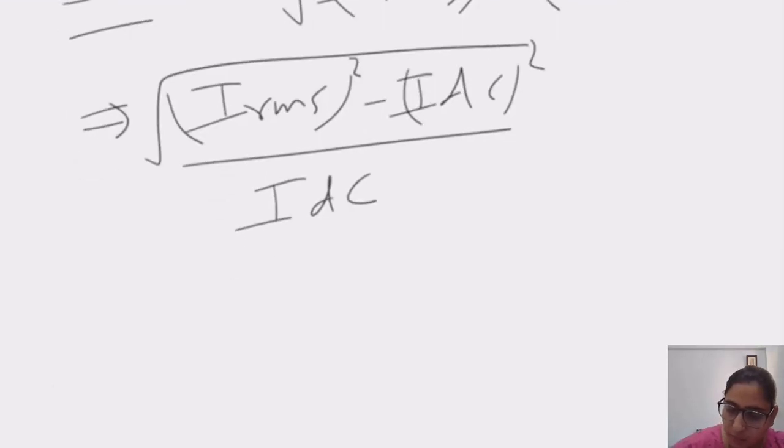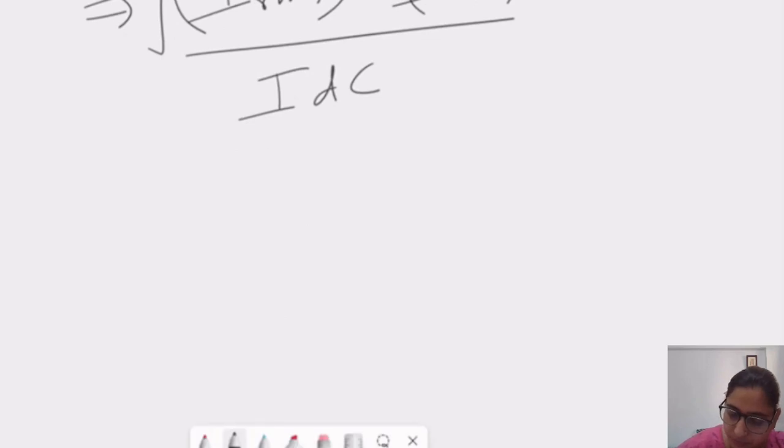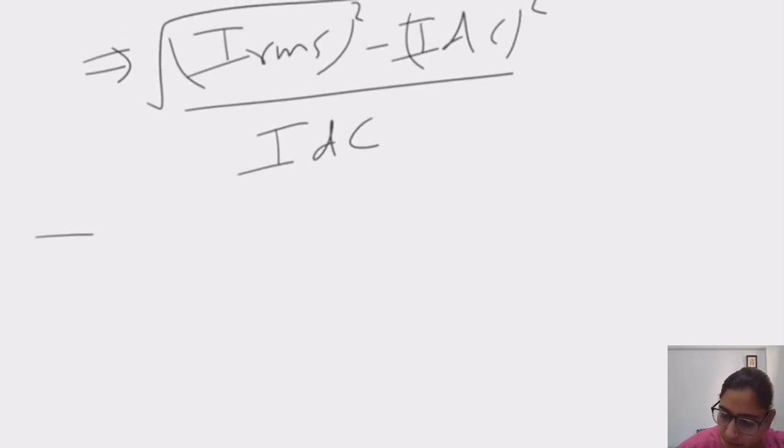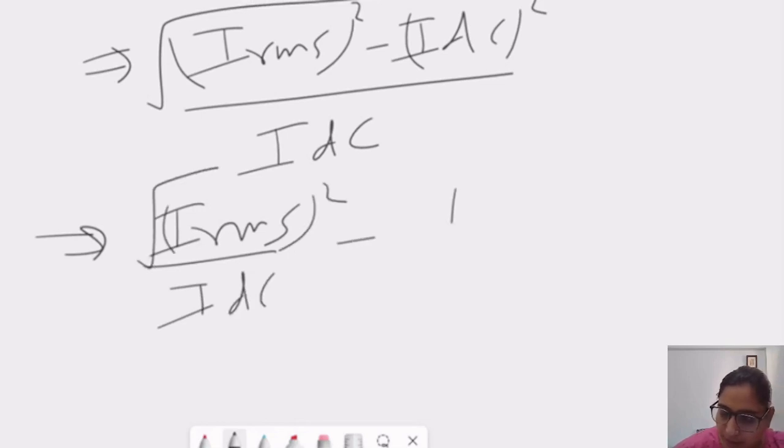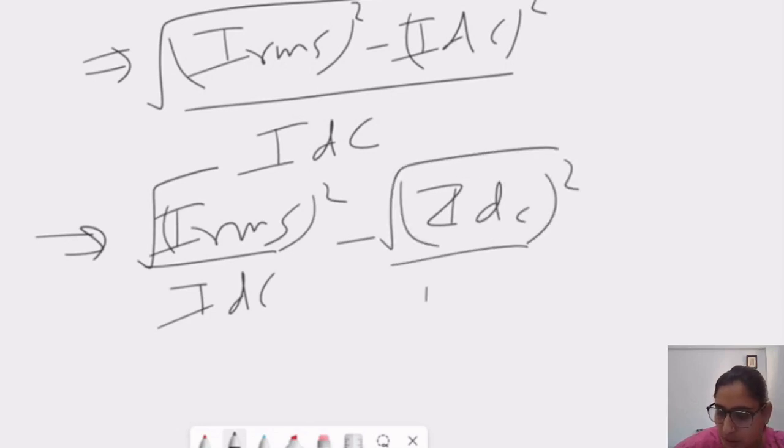If we simplify more, what we will get? IRMS over IDC, similarly under root and square, minus IDC square under root over IDC.